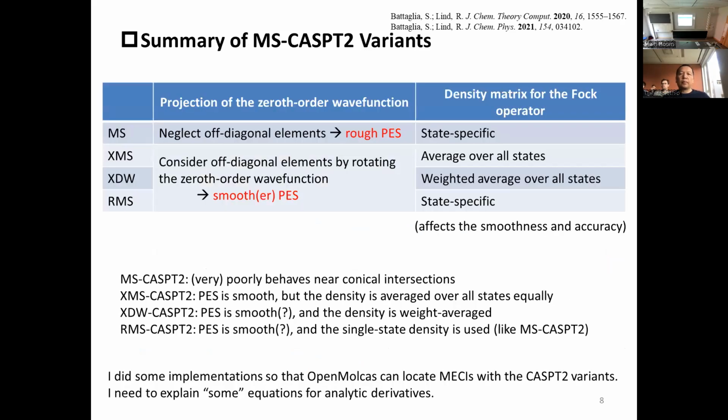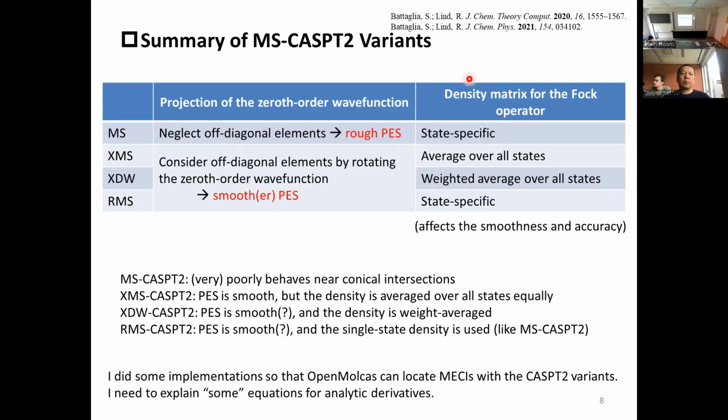So as a short summary of these MS-CASPT2 variants, I could summarize like this. MS has a problem of rough potential energy surfaces, but XMS, XDW, and RMS may fix it by rotating the zeroth-order wave function.